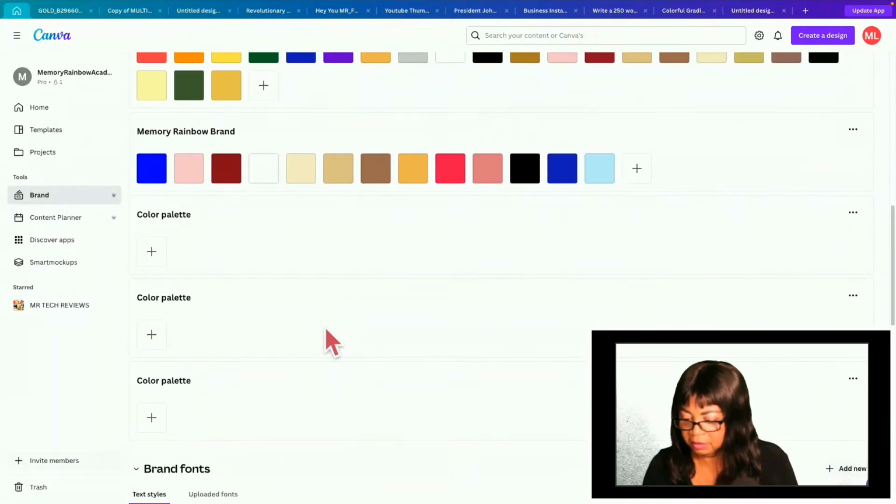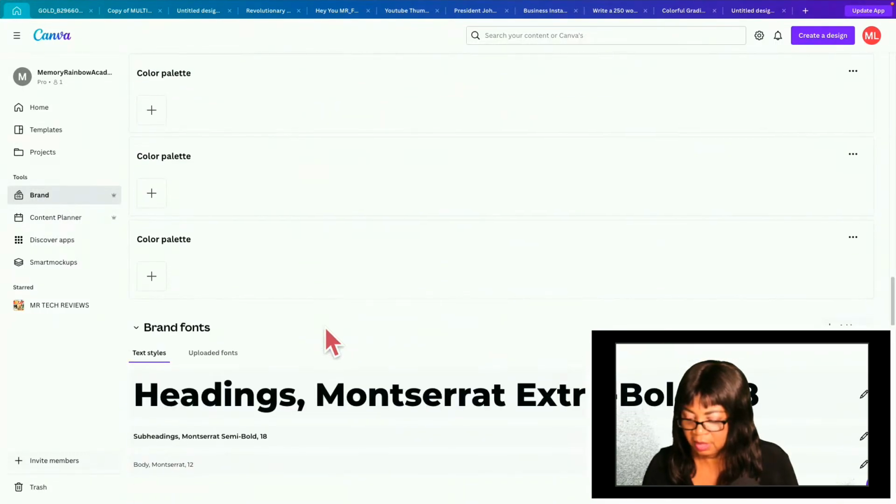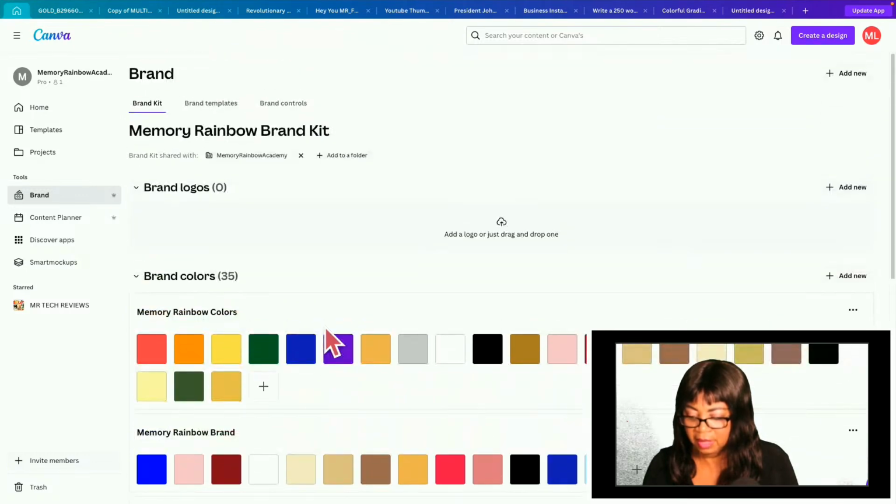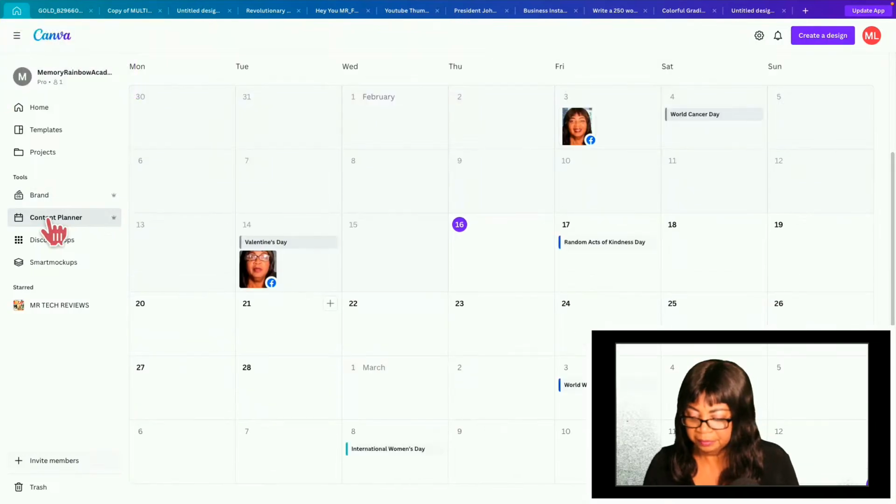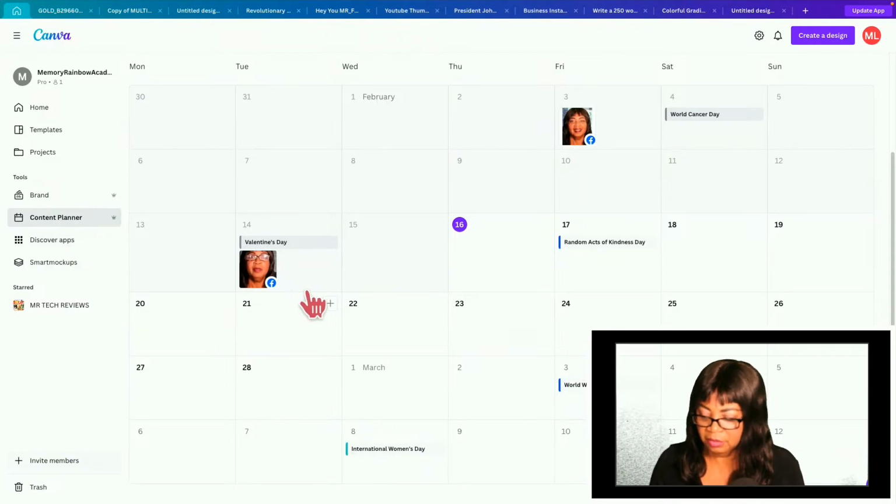You can set up the colors that you like, your favorite colors, as well as your text. It allows you to do that. You can even do a content planner, and you can put in various days, and you can set reminders, and you can even send some of these things to your social media. So that's kind of interesting.